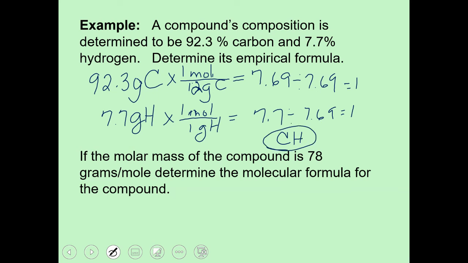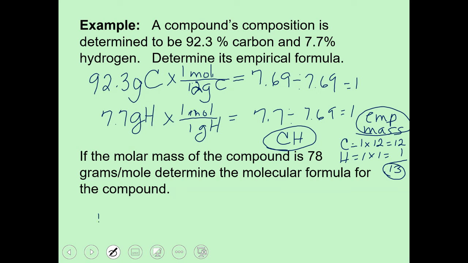Okay. Now to get the empirical mass, right, we have 1 carbon, 1 times 12. We have 1 hydrogen. And the empirical mass is 13.